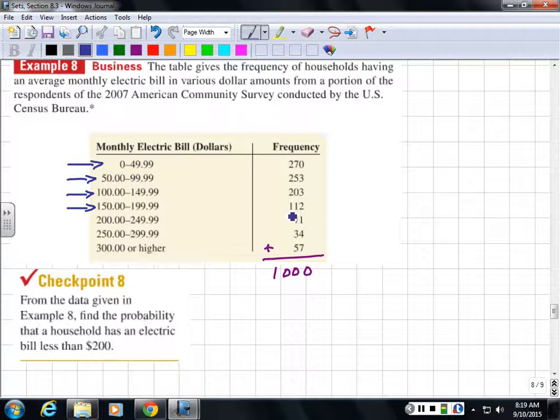Which means that I'm going to add these 4 values together. Okay? The reason I'm going to do that is because each one of these represents the number in the given set.